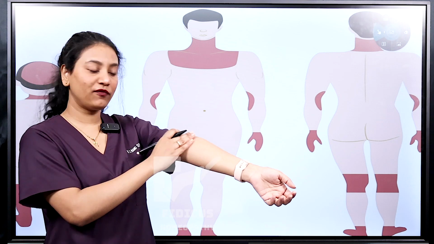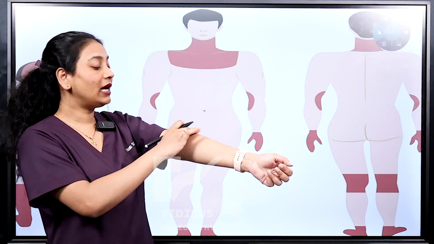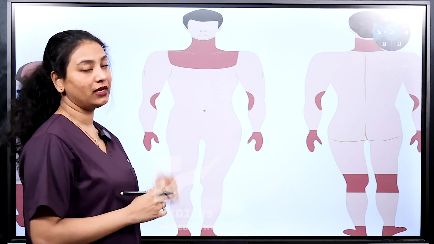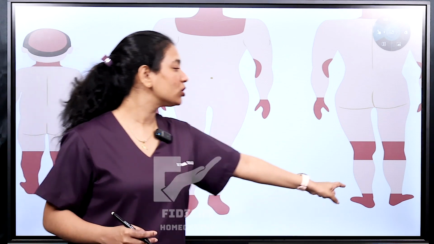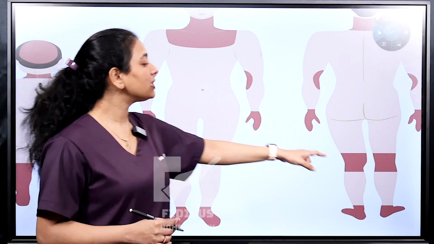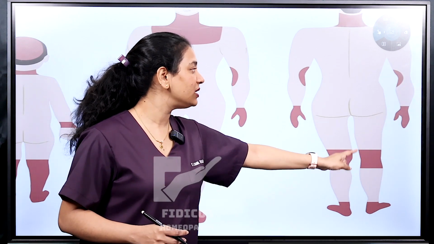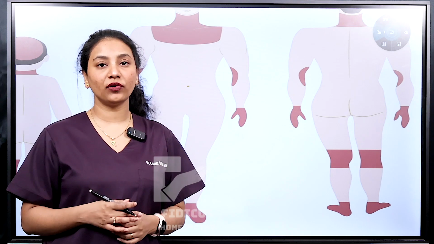So the folding part, wherever you're flexing, wherever the body is folding, that part is very much prone for adults. And also the foot. Foot is also a most prone part for adults. As you can see, the inside of the elbows and near the knee, back side of the knee, wherever you're flexing your body, those parts are more prone for elders.